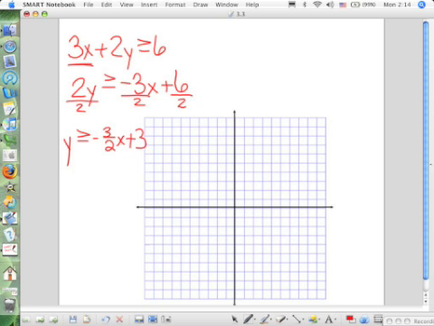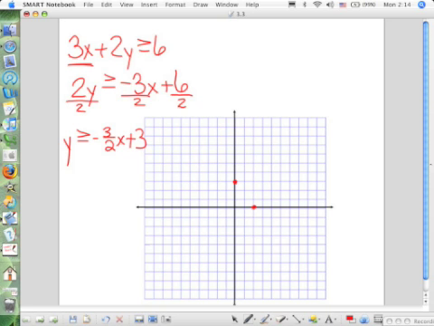Nicolange, where do I start? 3 on the y. Very good. And what's my slope? -3 over 2. And what does that mean, though? You go down 3 and to the right 2. Aaron, is it a solid or a broken line?